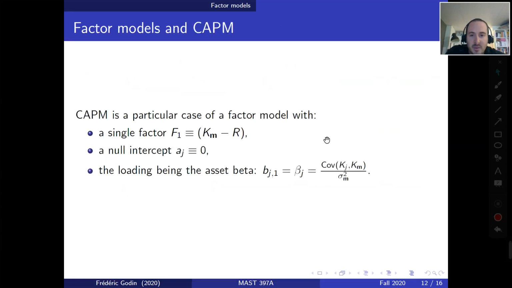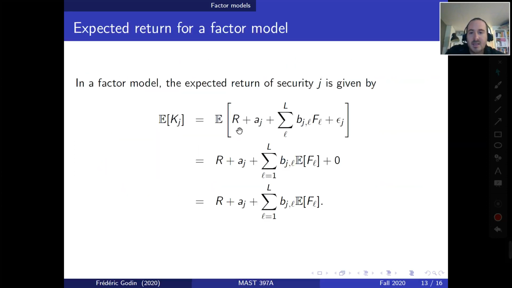The expectation of the return on the J firm is the risk-free rate plus, here, the factor model: the intercept plus the linear combination of loadings times factors plus the noise term. And here, once again, the risk-free rate is deterministic.